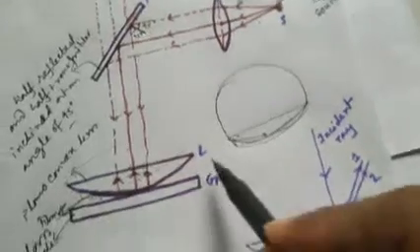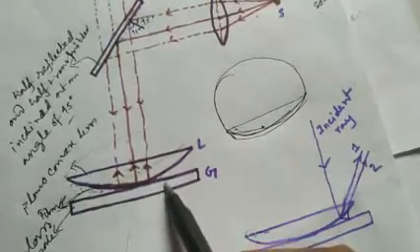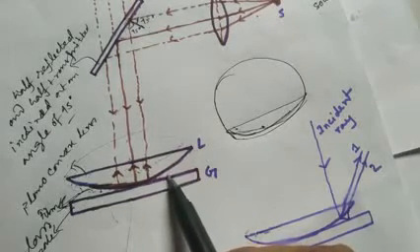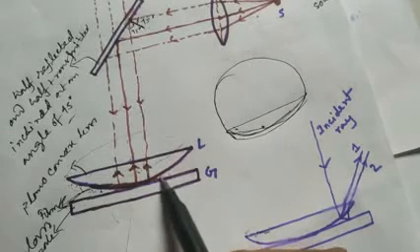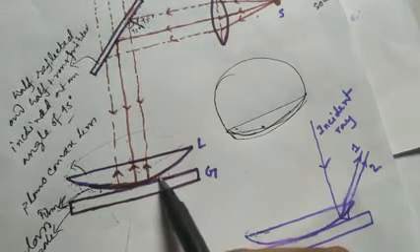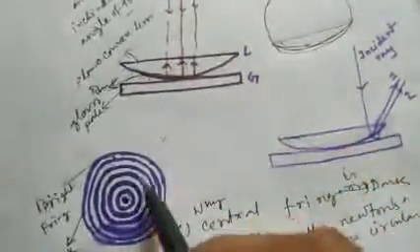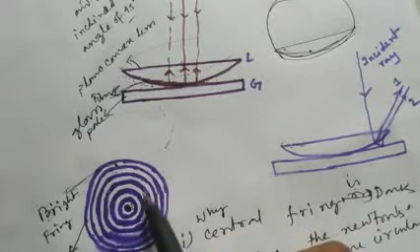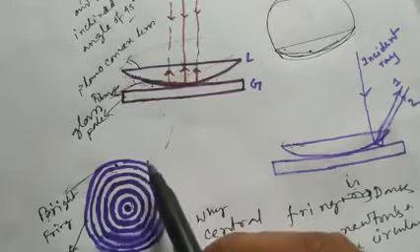Because the separation between the plano-convex lens and the glass plate must be very small. If the separation is very large, you can't observe a large number of fringes, and the fringes are very close together.